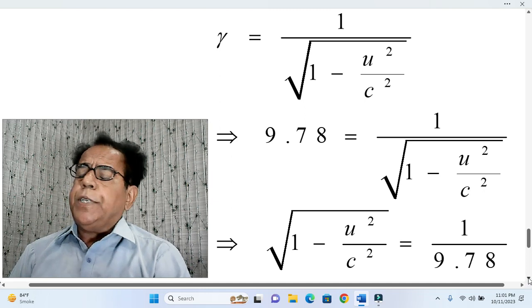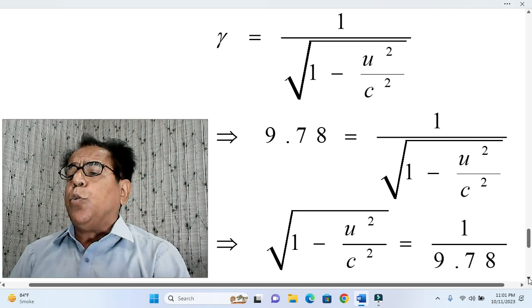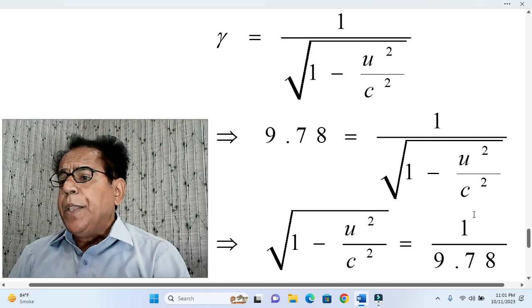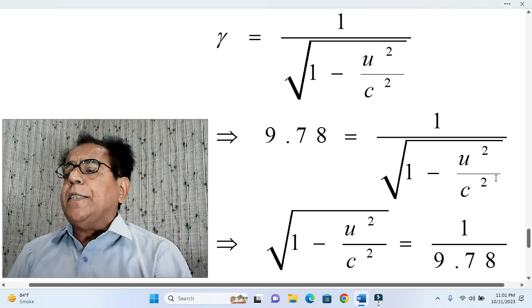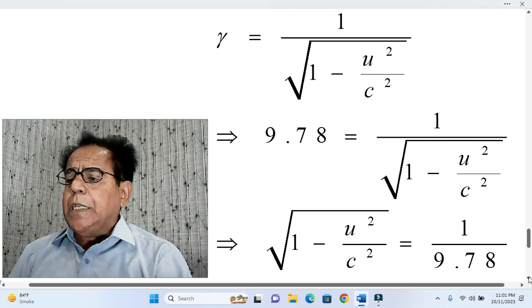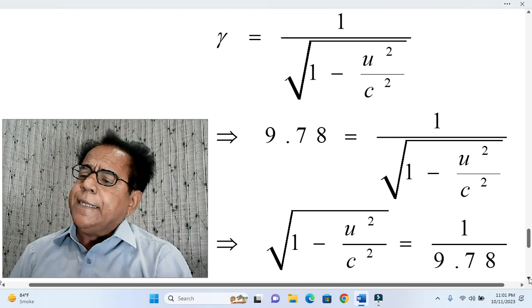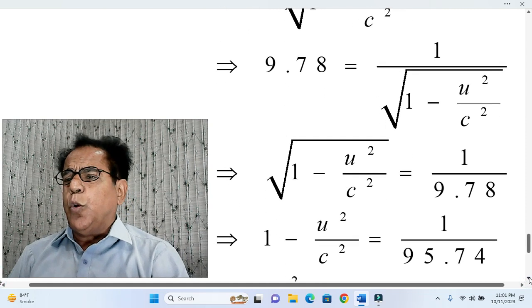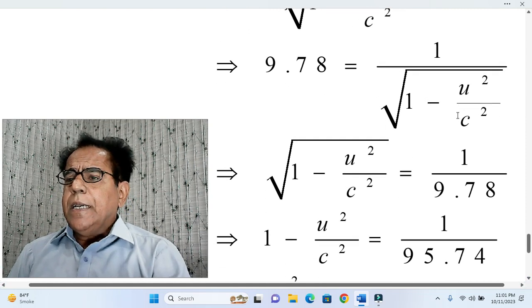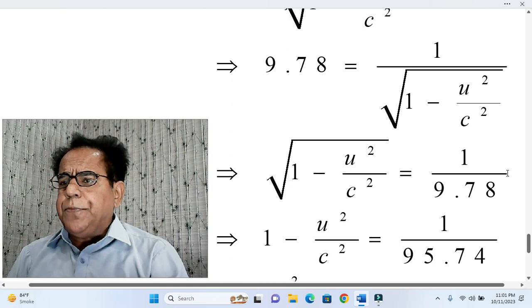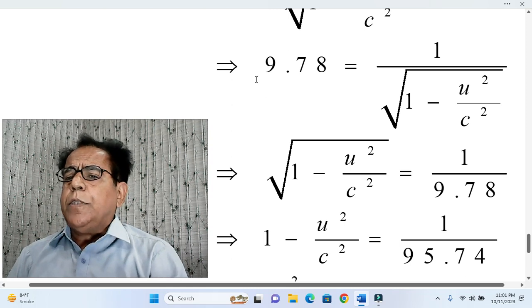Sorry dear students, we will not put the value of c, because we have to find the speed parameter u over c. We will keep c as it is. So from here, 1 minus u squared over c squared will be shifted to the other side of the equality, and on the other side it will not be divided, it will be multiplied.